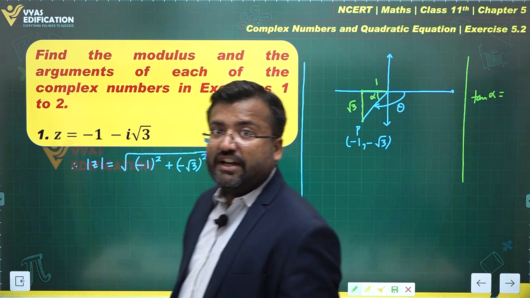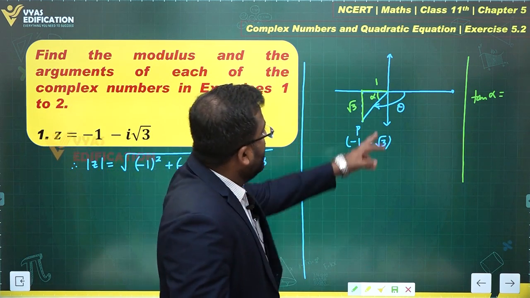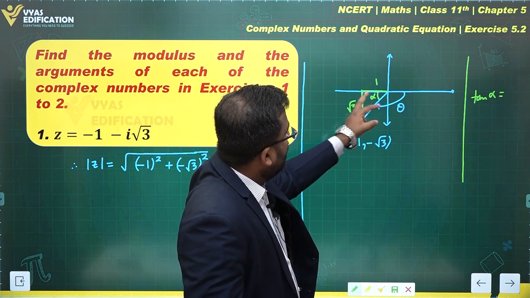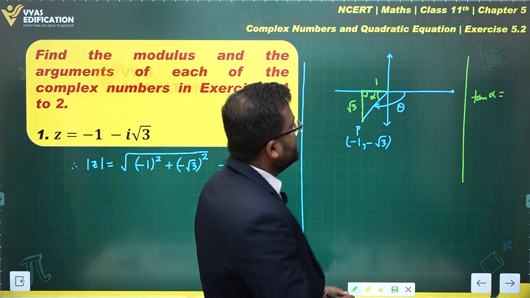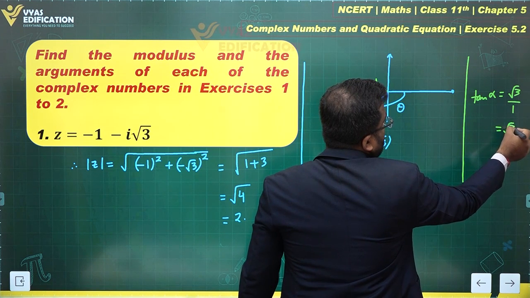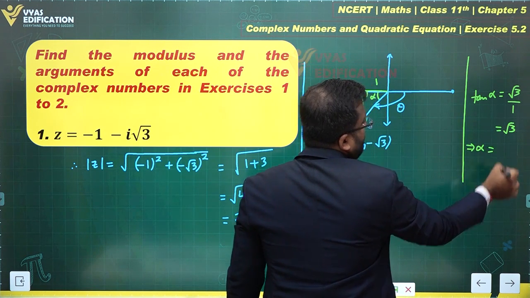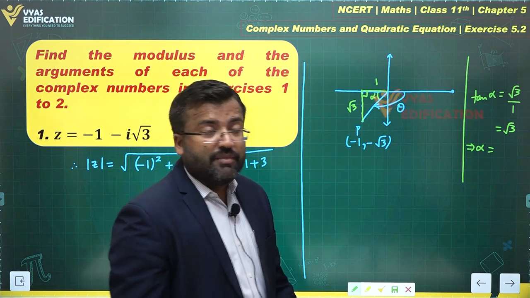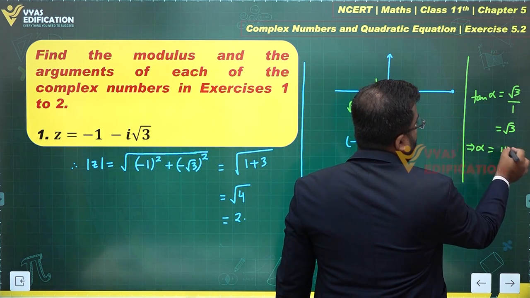Tan alpha, as you can clearly observe in this right angle triangle over here, is perpendicular upon the base, which is root 3 over 1. This is equal to root 3, implying that alpha is simply equal to pi by 3.